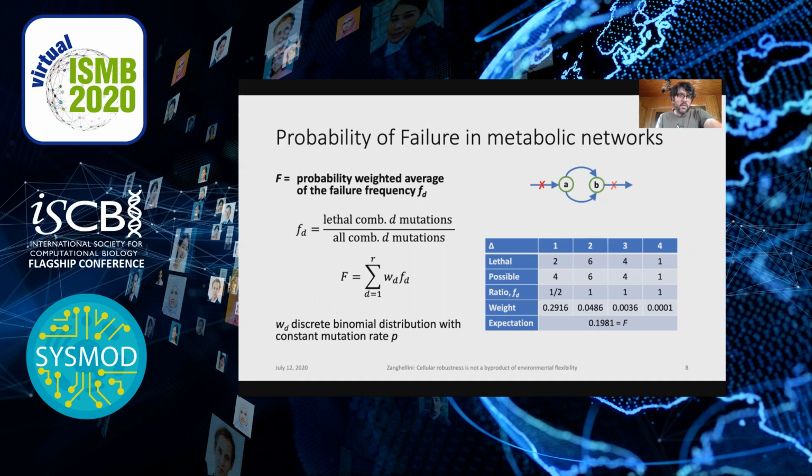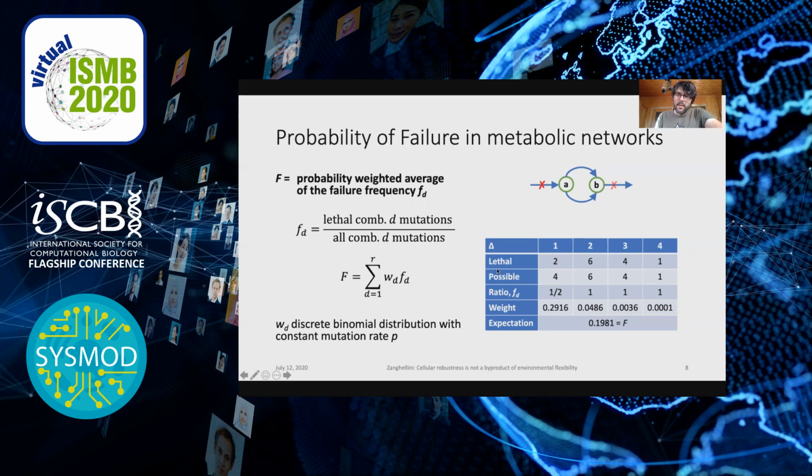If we have the failure frequency for D mutations, we can calculate this for all possible Ds, and we weight this with a binomial distribution, and finally we get the expected value of the failure frequency. And that's what we call the probability of failure.